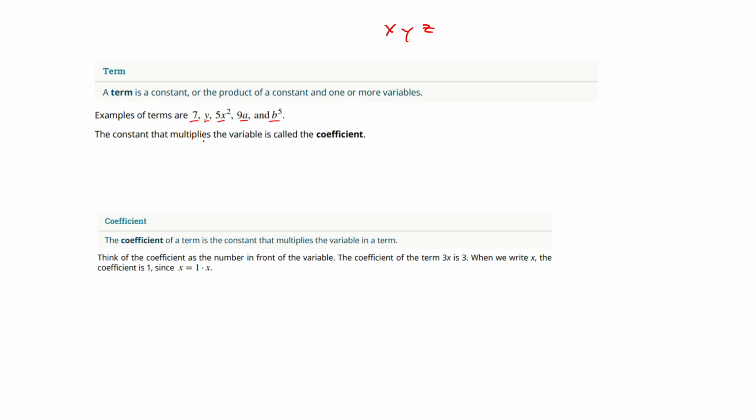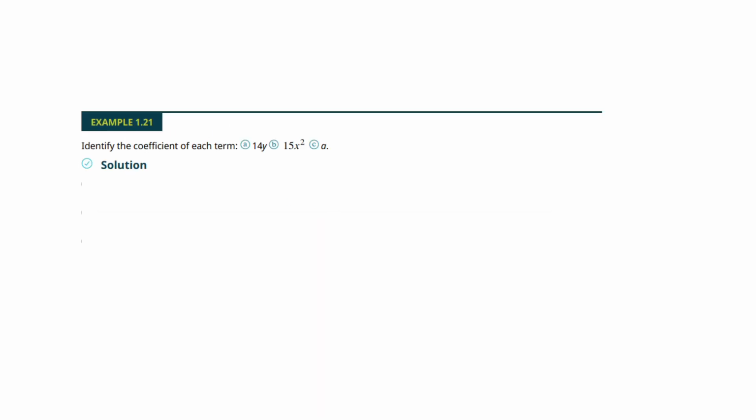The coefficient is always the number in front of the variable. So for instance, here the coefficient is 5. Here it's 9. Down here we've got a coefficient of 3 in front of an x. Okay, what are they asking us for? They just want the coefficients. Well, that's 14, 15, and even though it doesn't show it, it's 1.